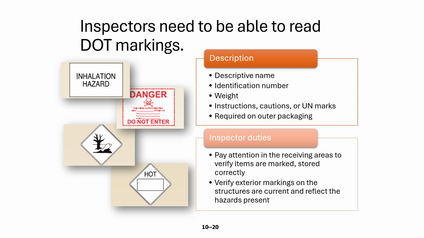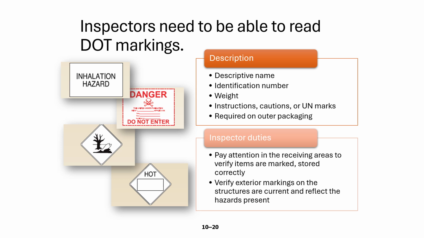Additionally, we need to be able to verify the exterior markings on the structure are current and reflect the hazard present. So we're looking at good, accurate identification, so that anybody can look at the placard, look at the description, and clearly understand the type of hazard that may be present.